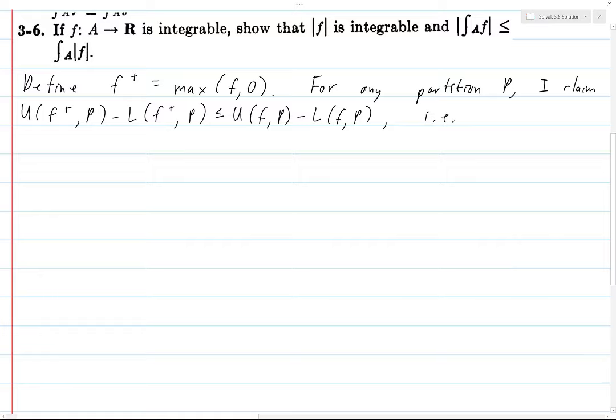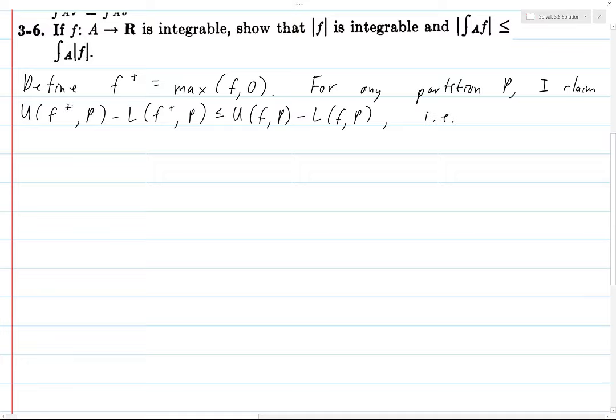This is going to be useful because we know that one of the equivalent conditions to a function being integrable is that for any epsilon there's a partition which will make that difference less than epsilon. And so if we can bound that difference for f plus in terms of that difference for f, then we can use the integrability of f to infer the integrability of f plus.